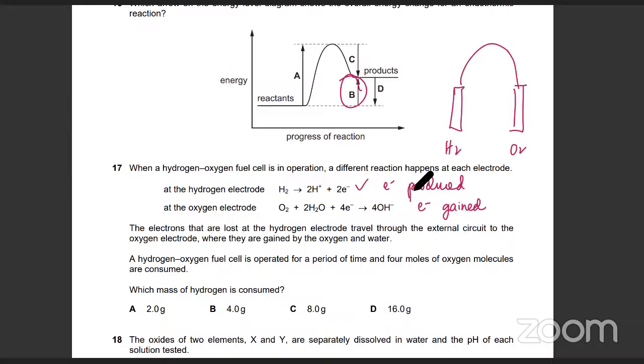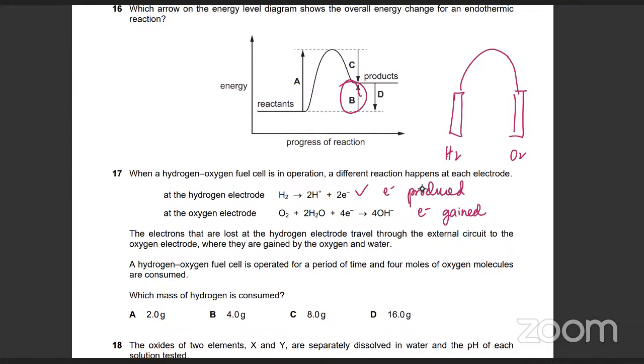The hydrogen one is producing electrons, so electrons are flowing away from it. The oxygen one is gaining electrons, so the electrons are coming towards it. Okay? This is the basic operation of a hydrogen oxygen fuel cell. There are two separate reactions happening. In one, electrons are produced, and in the other, electrons are gained.